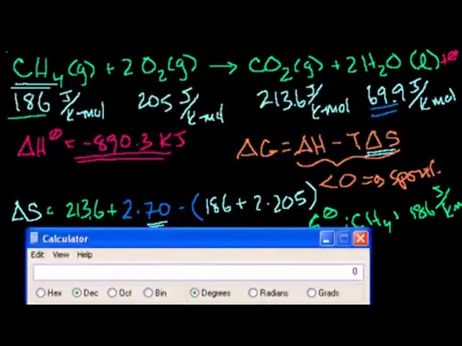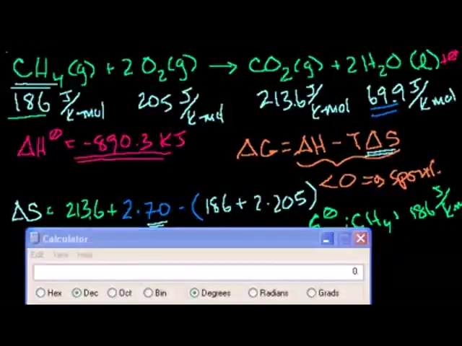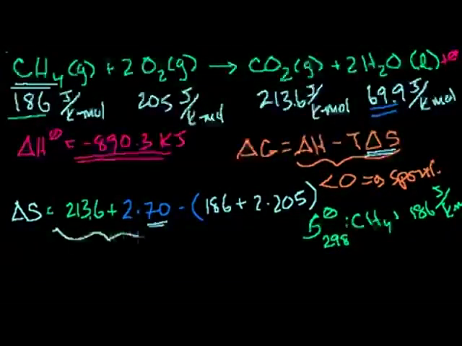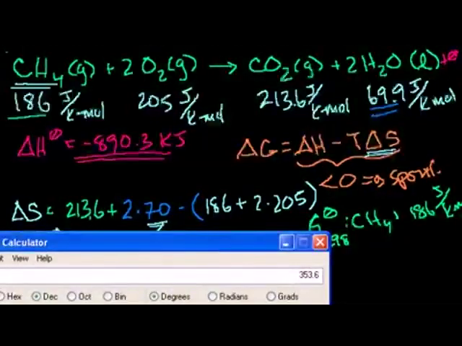Let's confirm that. So I have 213.6 plus 140, right? 2 times 70 is 140, so that is equal to 353.6. And then from that, I'm going to subtract out 186 plus 2 times 205, which is equal to 596.